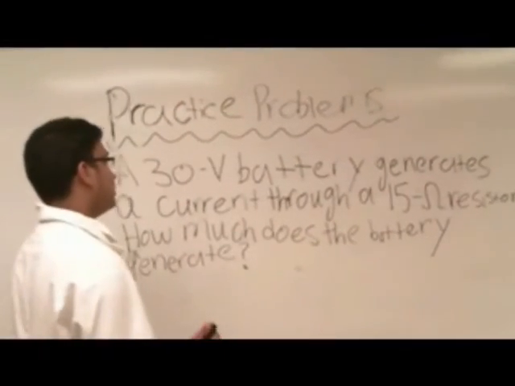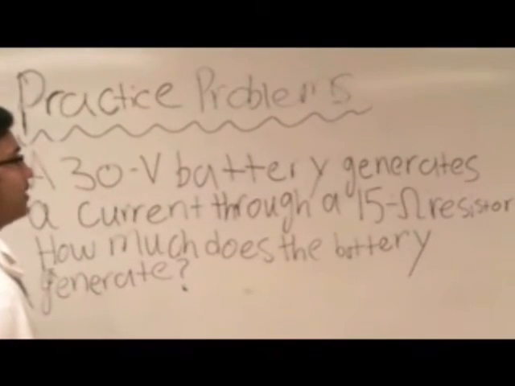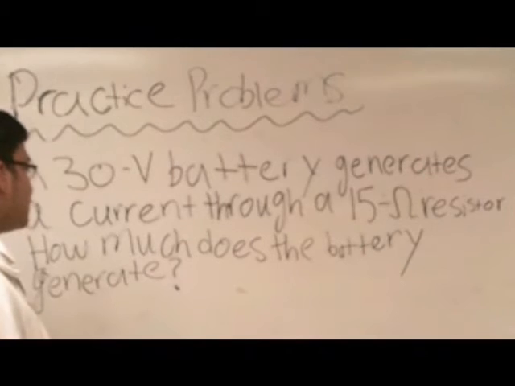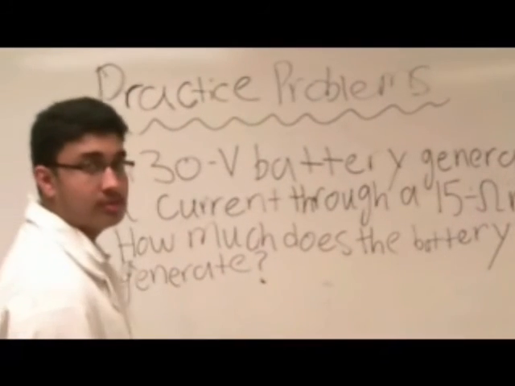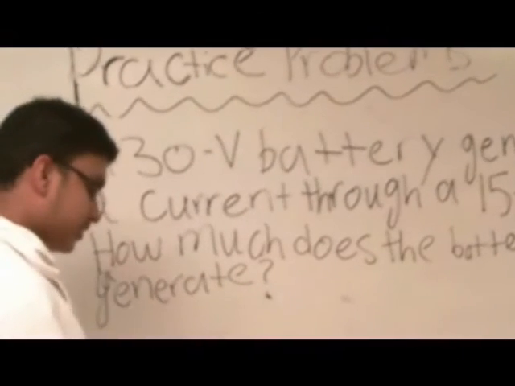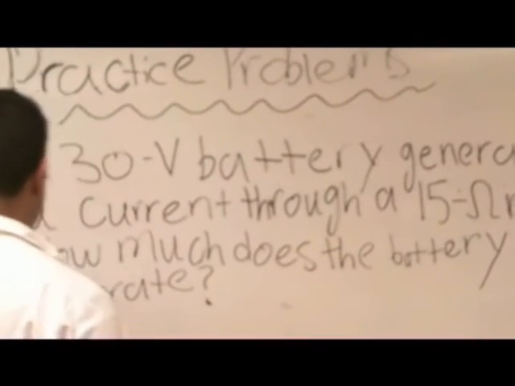A 30 volt battery generates a current through a 15 ohm resistor. How much current does the battery generate? So basically we're solving for the current here. To help us, we're going to draw the triangle.